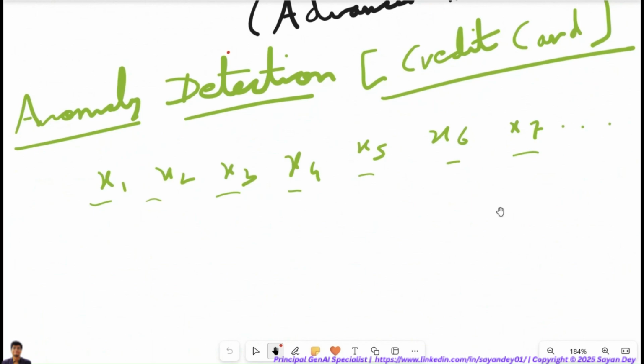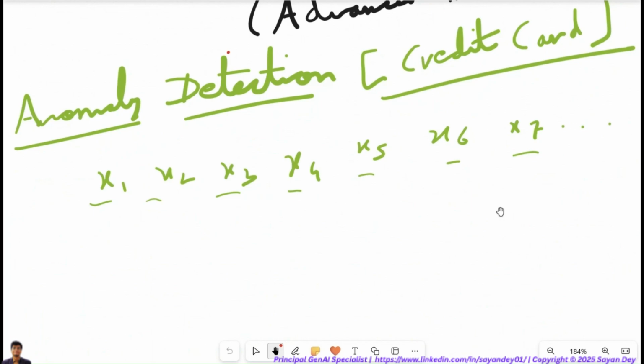When we talk about credit card transactions particularly, it is very hard and almost impossible to label the data in advance. I'm saying almost because retrospectively you can still label. Let's say a customer raises a complaint that some fraud happened, then the bank will retrospectively label the data. But initially, that data is not labeled.